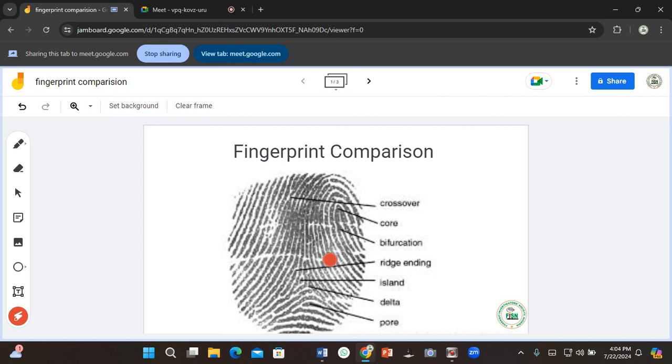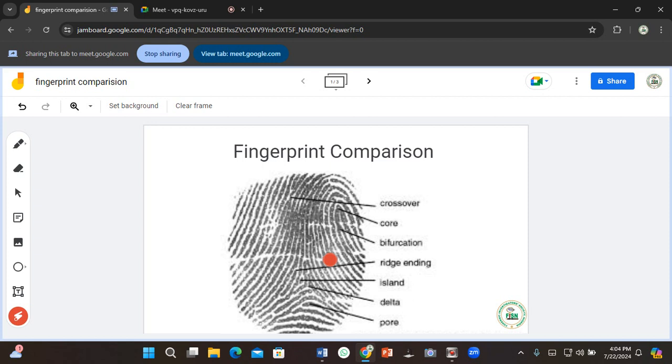And also the alignment of the minutiae points. We also call them Galton points, after the man that discovered them, that's Galton.